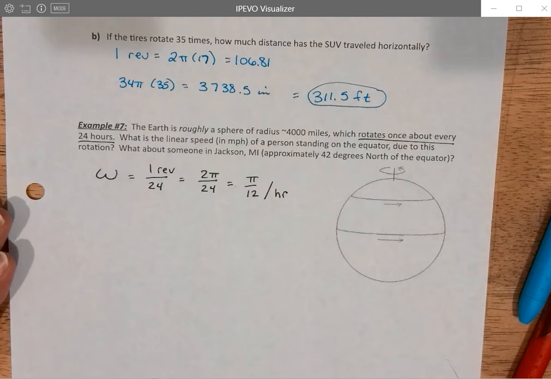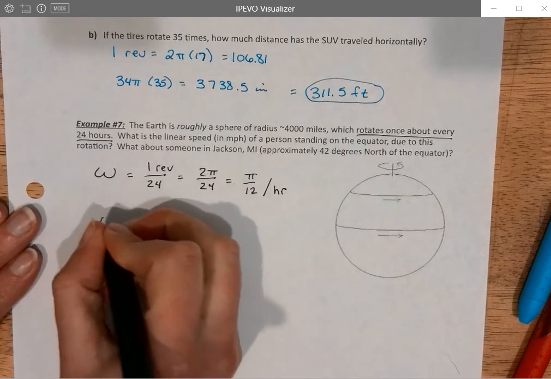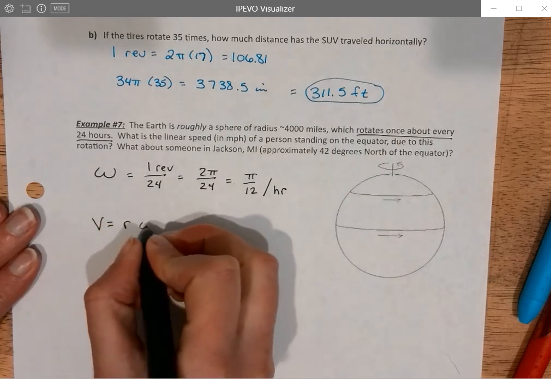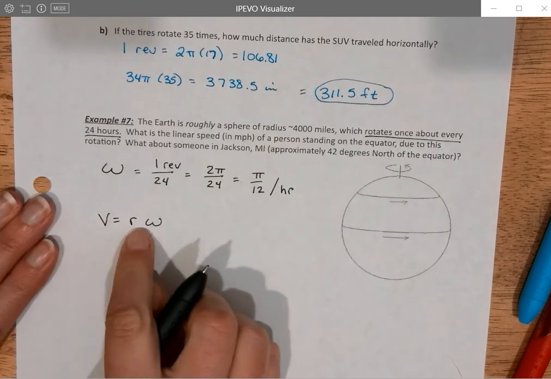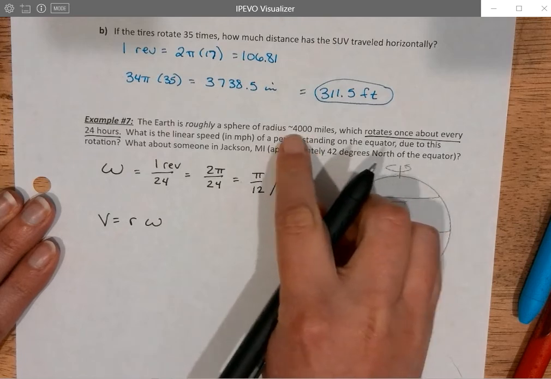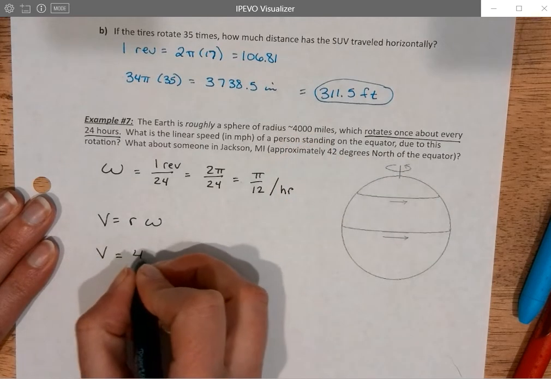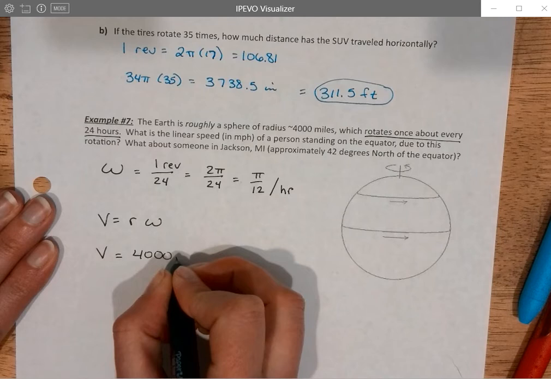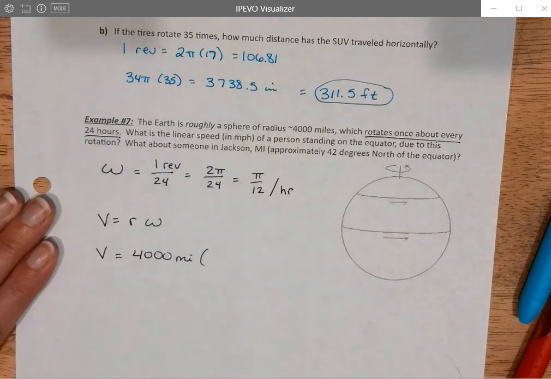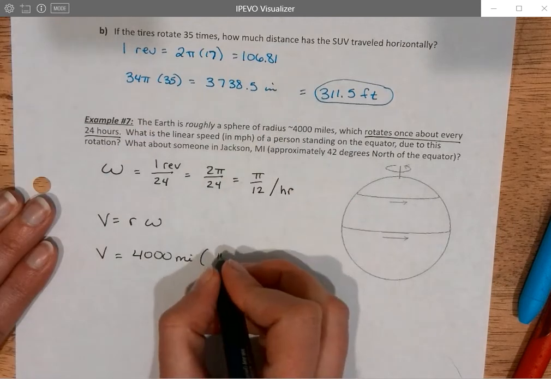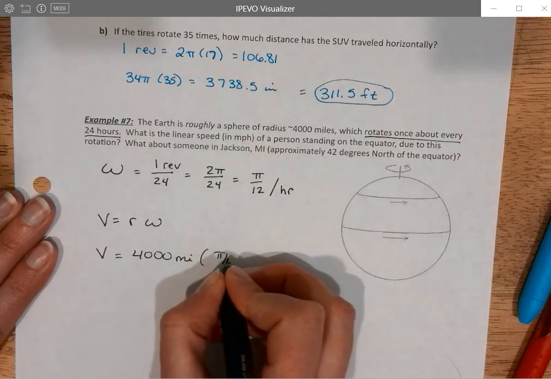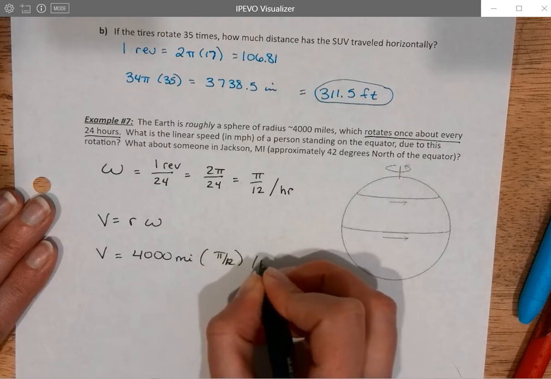Now that I have the angular speed, I can get the linear speed, because linear speed is radius times angular speed, and I know that the radius is about 4,000 miles. So the speed is 4,000 miles times pi twelfths per hour.